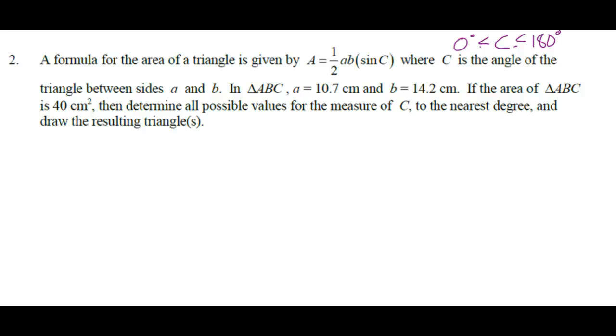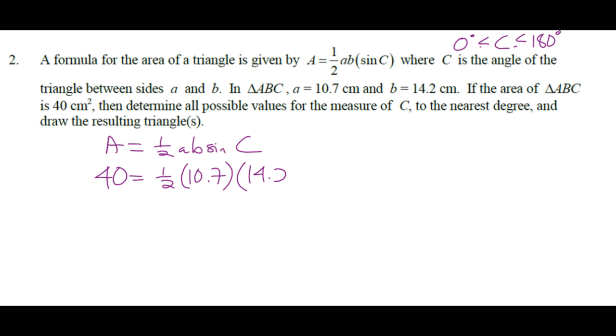Okay, what do we know? So we know the area is 40. We got a formula, 1/2 ab sine C. The area is 40, little a is 10.7, and little b is 14.2 times the sine of C. So you can see we're going to solve for sine C, and then we're just going to do what we've just been doing.